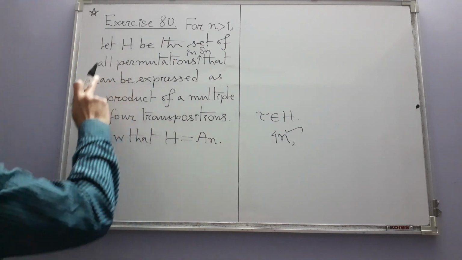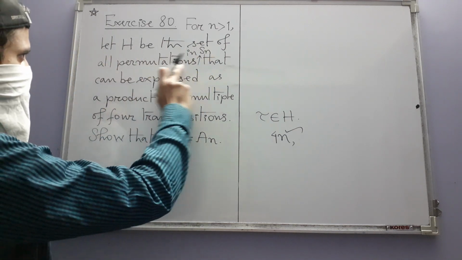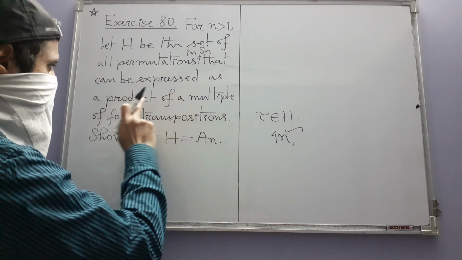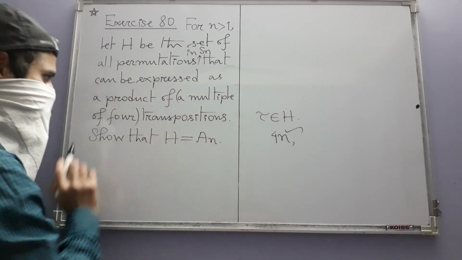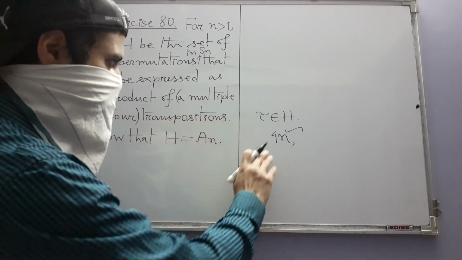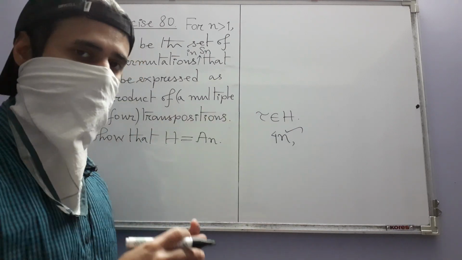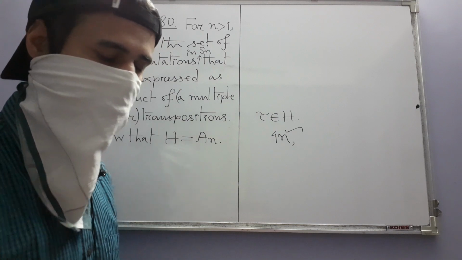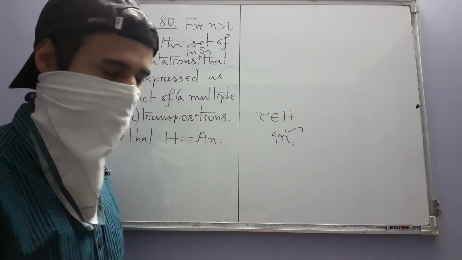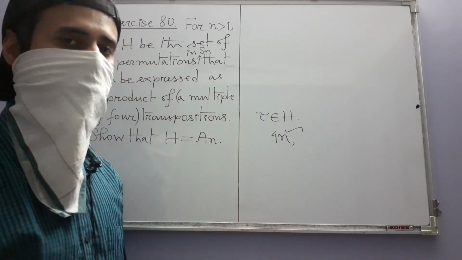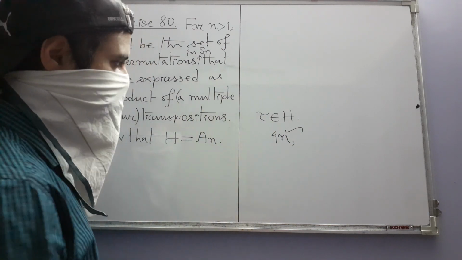That's why it is the set of all permutations in Sn that can be expressed as a product of a multiple of 4 transpositions, meaning the number of transpositions involved in that product is a multiple of 4. That's what the author is trying to say.